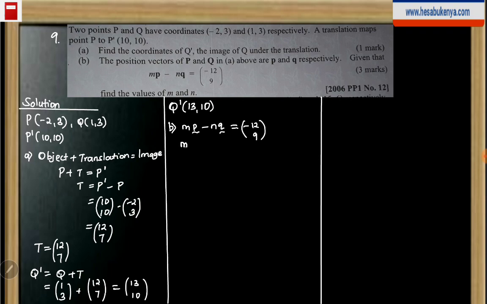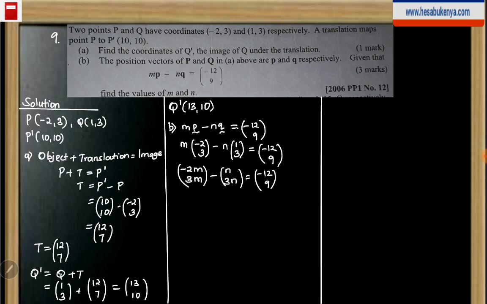So you multiply M by -2, 3 minus N multiplied by Q, which is 1, 3. We get -12, 9. So M times -2 is -2M. Then M times 3 is 3M. Minus N times 1 is N. Then 3 times N is 3N, which is equal to -12, 9.